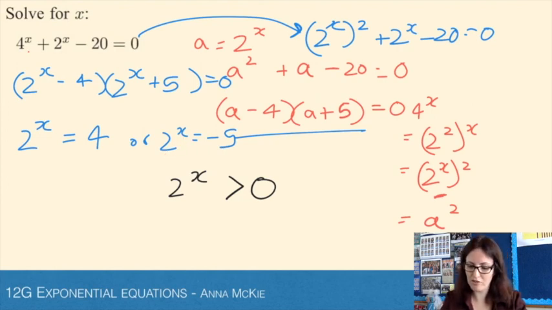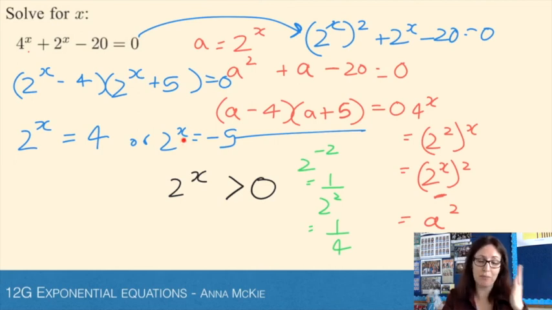2 to the power of, just a side note, 2 to the power of negative 2, for example, is the same as 1 on 2 to the power of 2, which is 1 on 4. And that's still a positive number. So even when you substitute in negative powers for x, negative numbers, the answer is still going to be positive. And so that's where this statement holds, that 2 to the power of x will always be greater than 0, always a positive number.